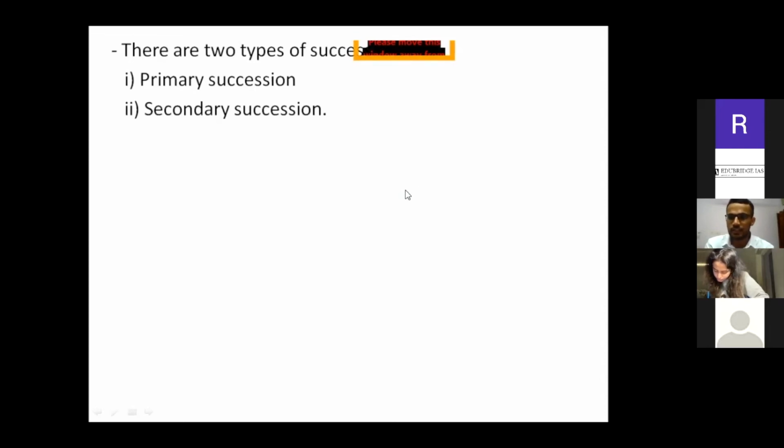New niche opportunities are created. So what is niche? Niche is nothing but the functional role played by a particular species in that particular environment. It is the functional role. For example, microbes have the role of decomposition of organic matter, right?